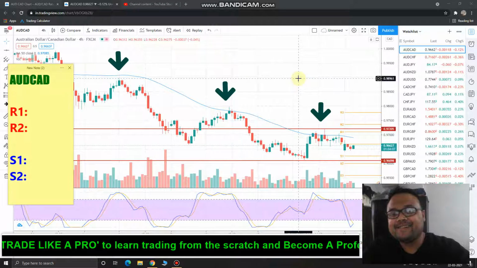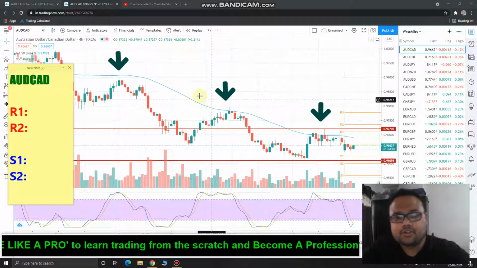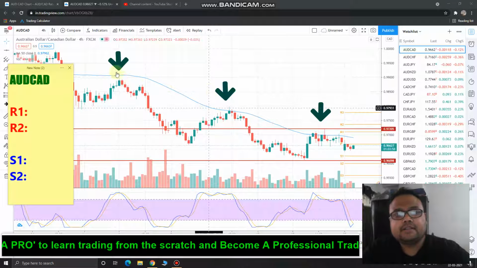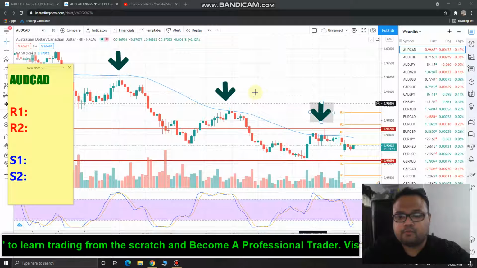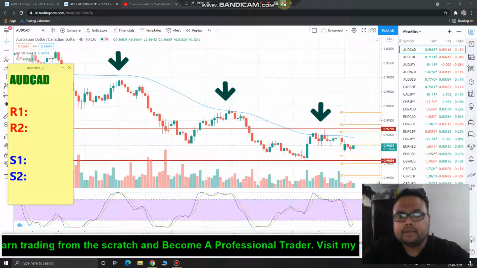So you can see that this is a chart of Australian dollar, Canadian dollar. This time I have inserted three big green arrows on the screen. Let me take out the pencil.